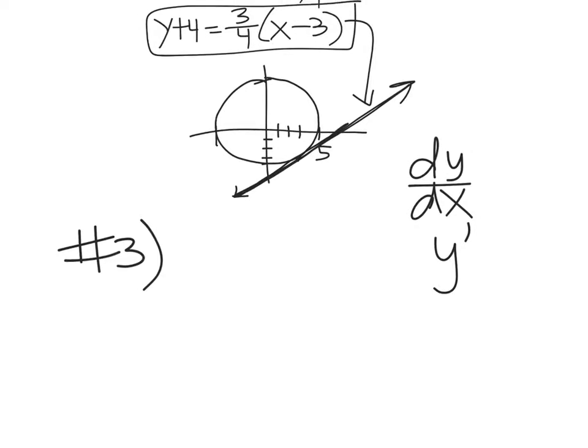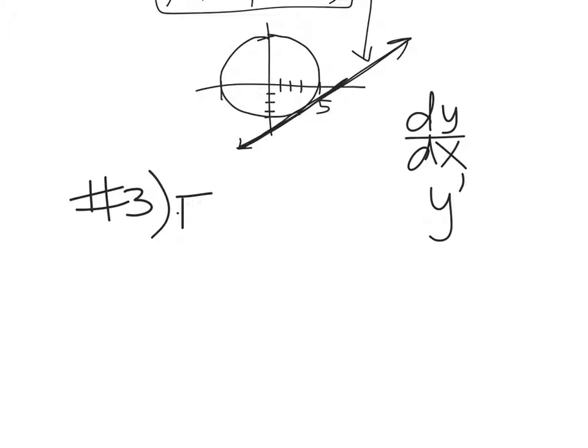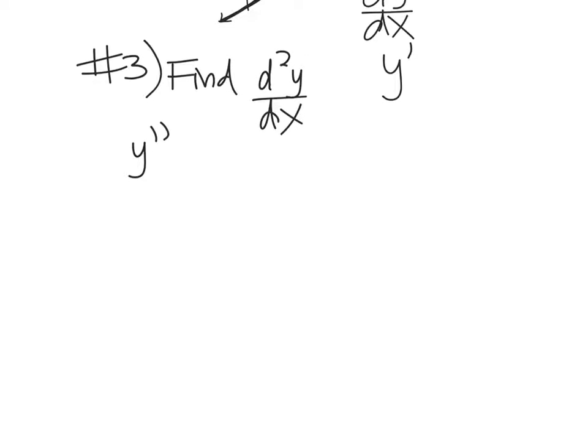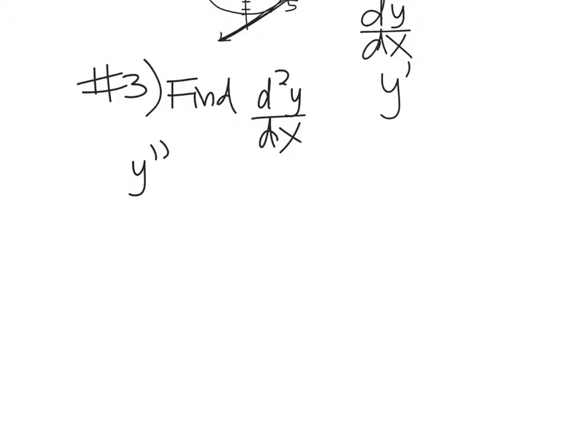All right, so here we go. We're going to find d squared y dx squared. That's a fancy way to find the second derivative. This is just find y double prime. All right, so we're going to be given something like this.